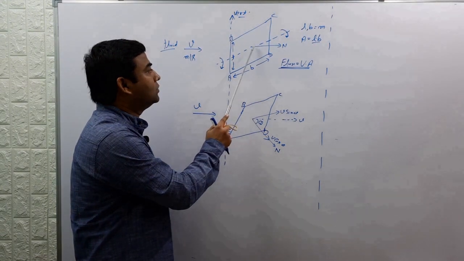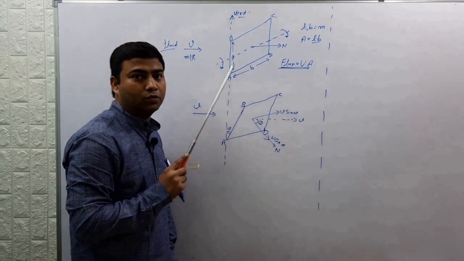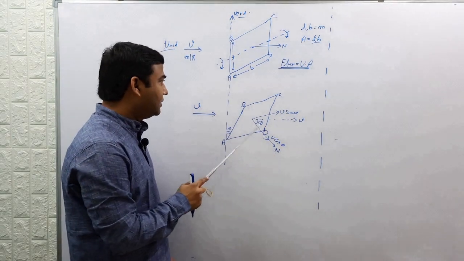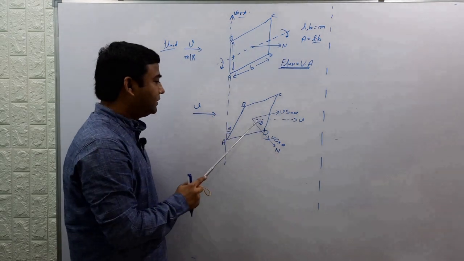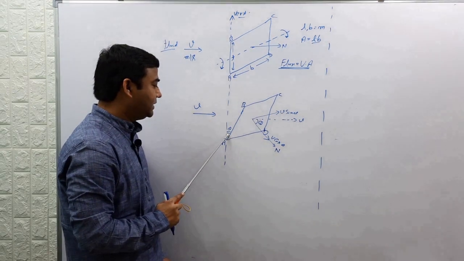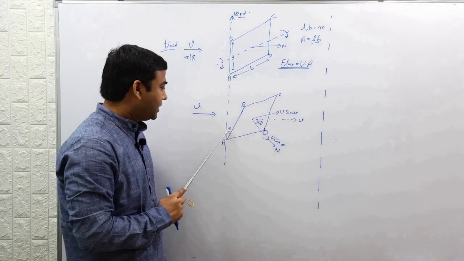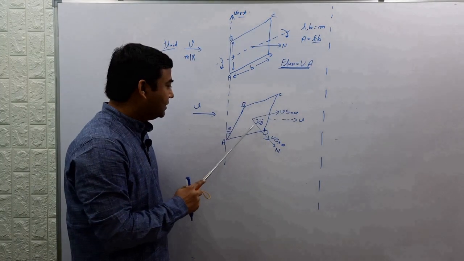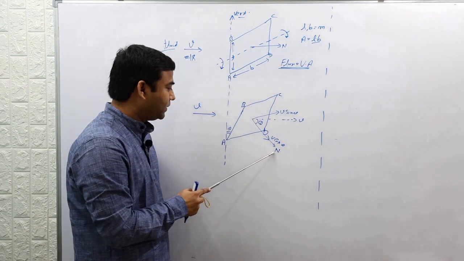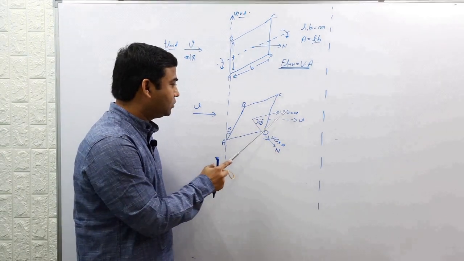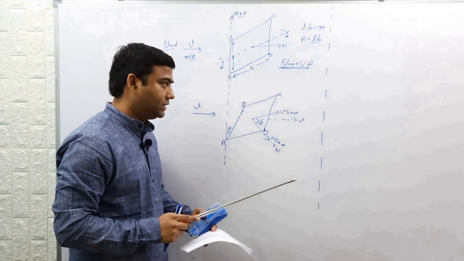In the earlier case v sin theta was 0, because theta was 0. But when it is tilted, it has generated an angle theta, and because of this angle, two vector components of velocity have been generated: perpendicular to this area and along the area.